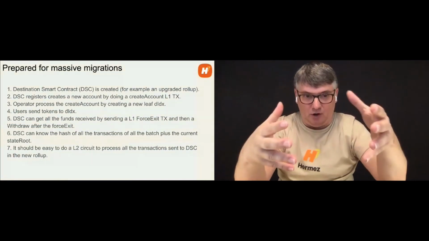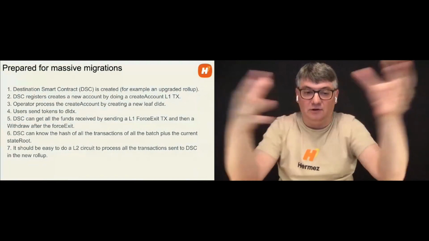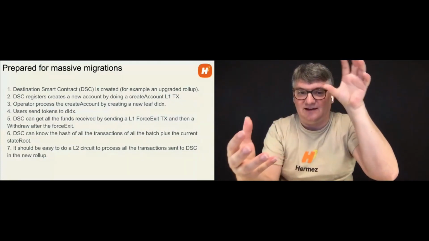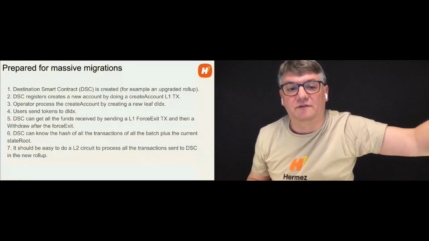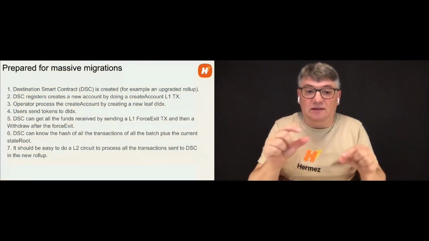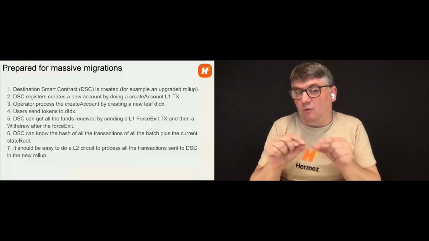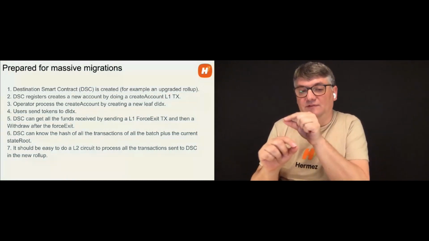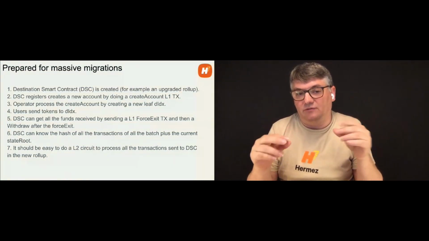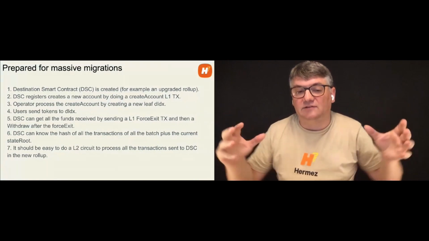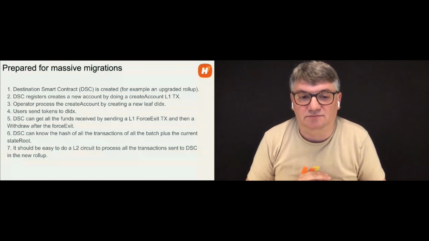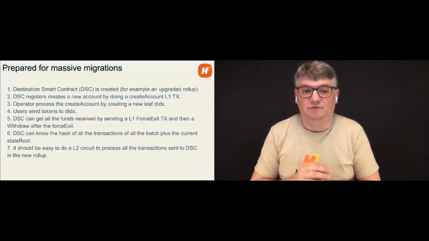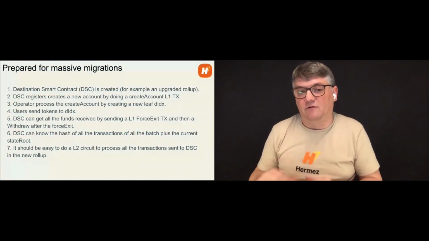So we can use all the information, probably creating a circuit to process these massive migrations and update the state of the new rollup. But as you see, in layer 1 there is only one single withdrawal, one single transfer of the aggregated transactions until now of that token, of that contract.